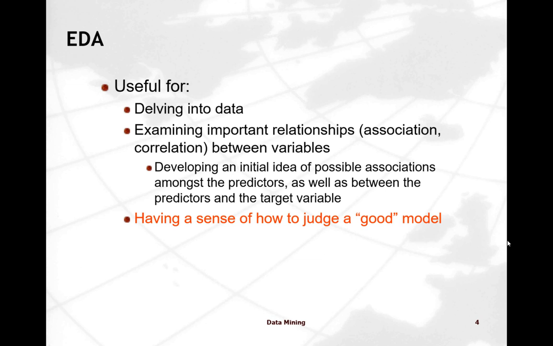So we have column, field, attribute, and variable. Characteristic. Yeah. One more. Feature. Yeah.